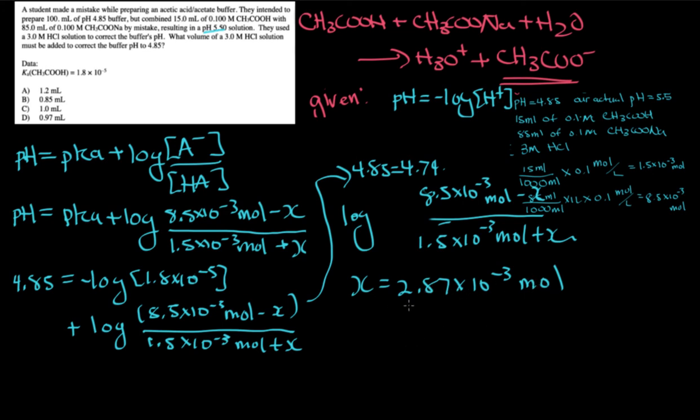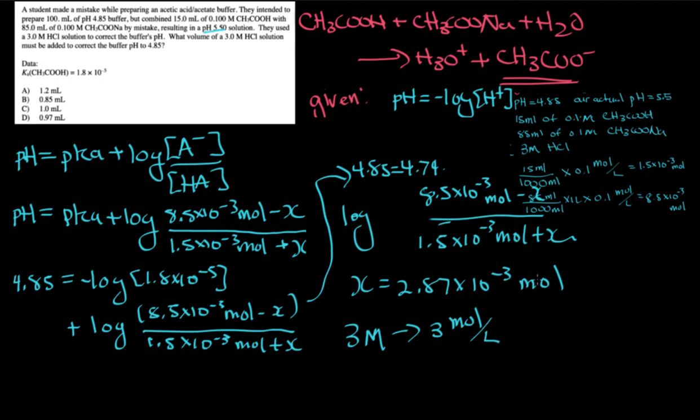So now, given that we have 3 molar HCl, we can try to figure out exactly how many milliliters, or what volume, will give us these many moles in this solution. And so how we can do that is, we know 3 molar is the same thing as 3 moles per liter. And that's how much HCl we have.